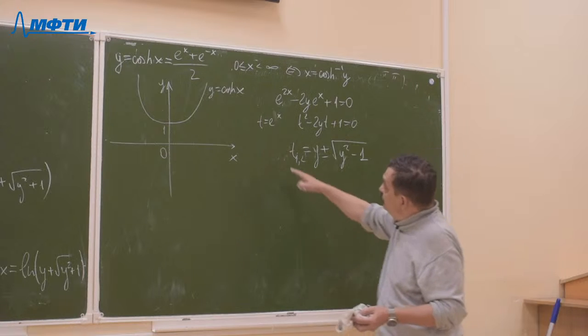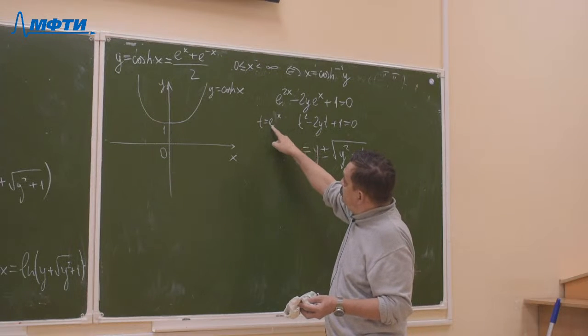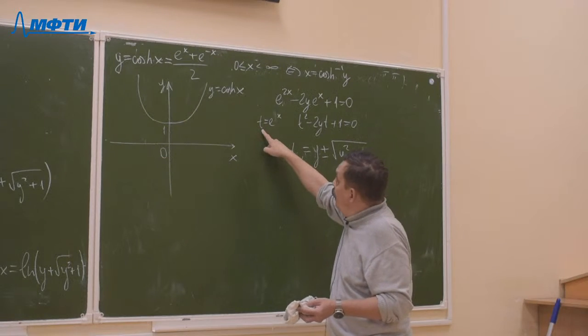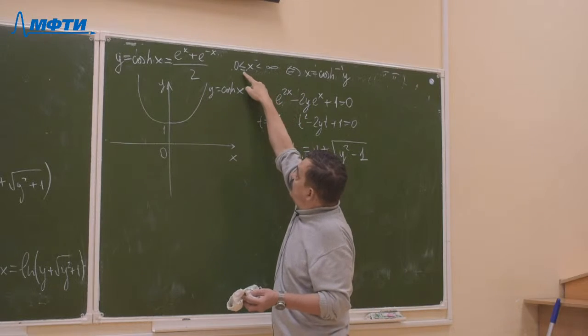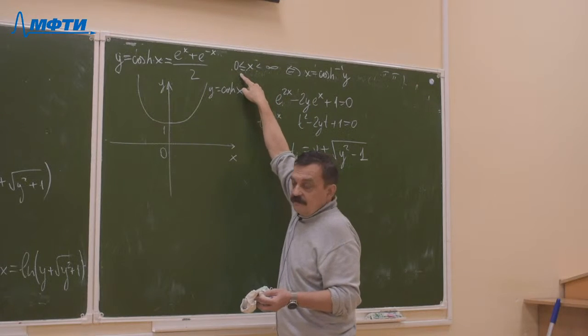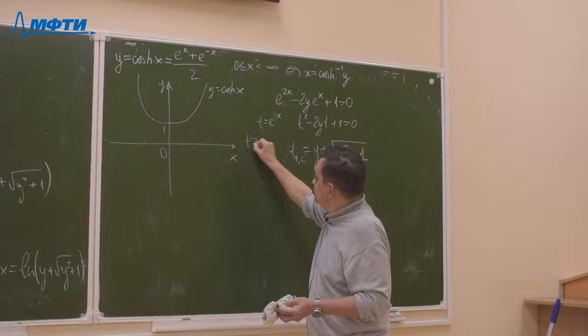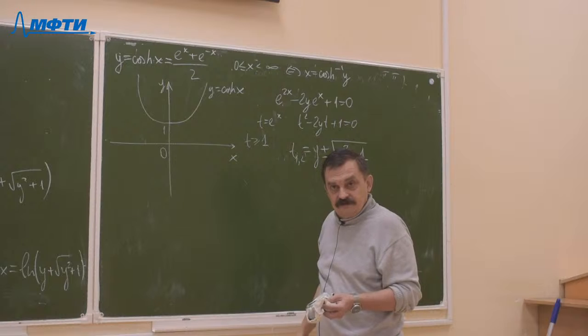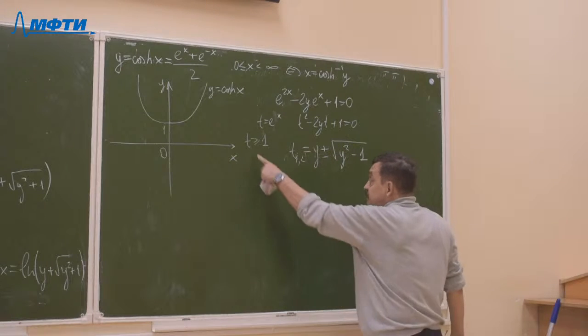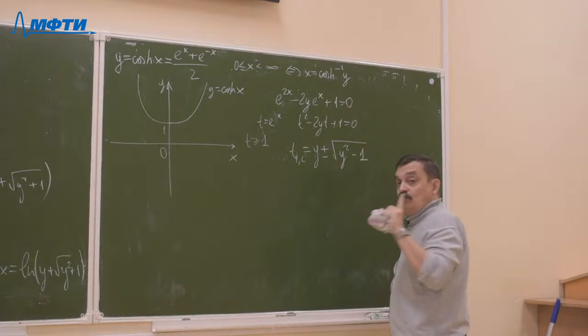We observe that e to the power x is t, and x is non-negative. Hence, what about t? t is greater or equal than 1. So the restriction now should be t greater or equal than 1.